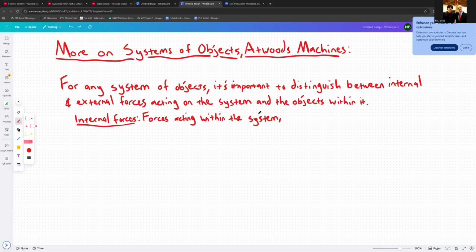And we could reword this again and say forces acting within the system.